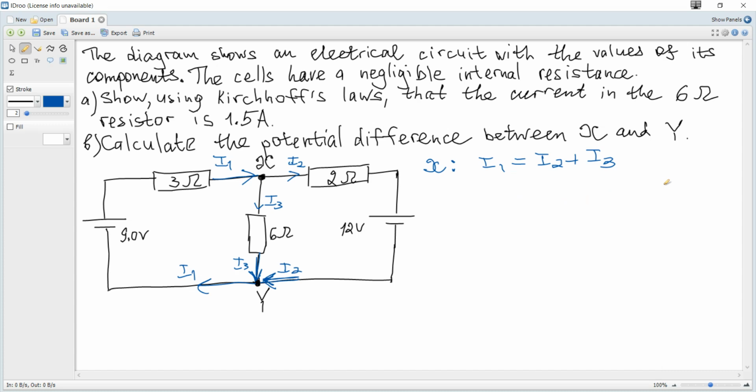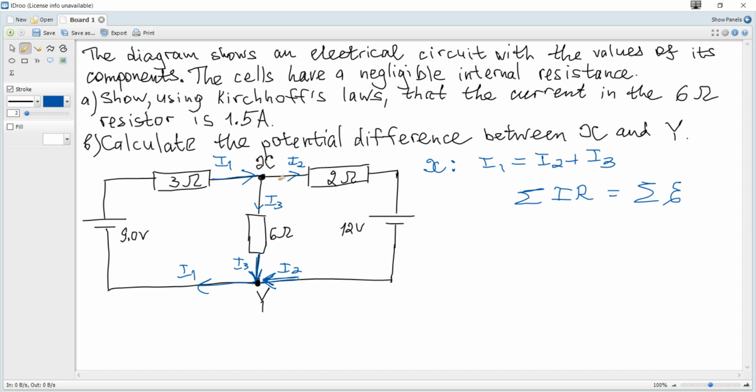The second Kirchhoff's law says that for any complete, meaning connected, circuit, the sum of current multiplied by resistance is equal to the sum of EMFs.